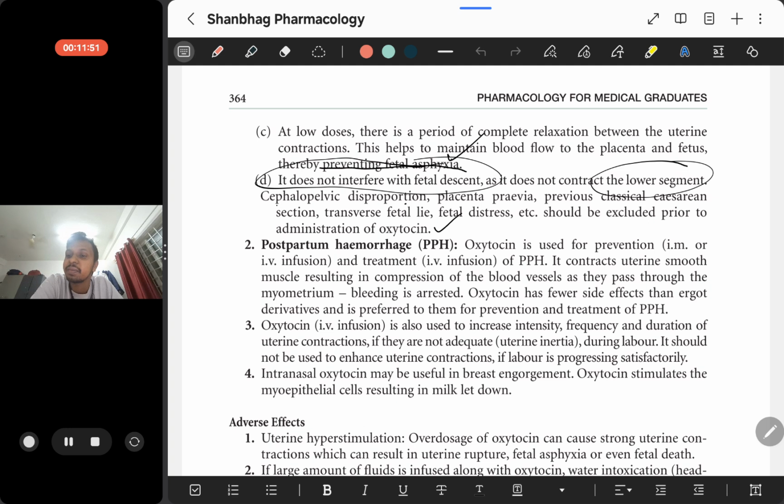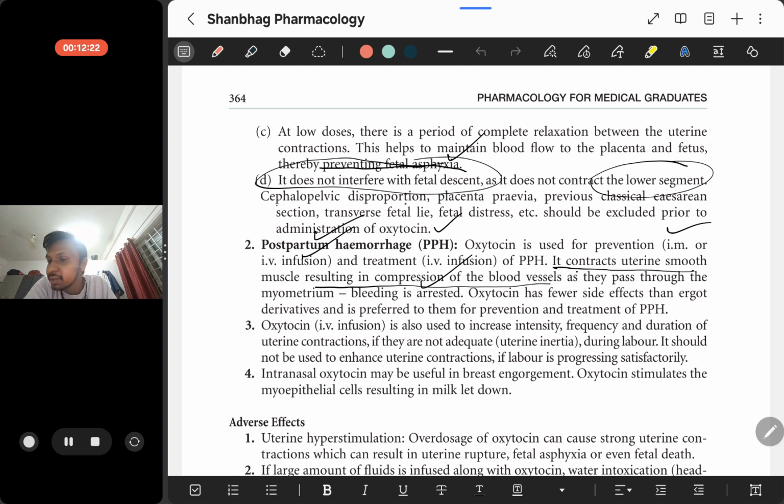Now oxytocin is also used to prevent postpartum hemorrhage. This postpartum hemorrhage is nothing but the bleeding after the delivery. So oxytocin here, same thing, intramuscular or intravenous infusion should be given. It contracts the smooth muscle resulting in the compression of the blood vessels as they pass through the myometrium, and bleeding is arrested.